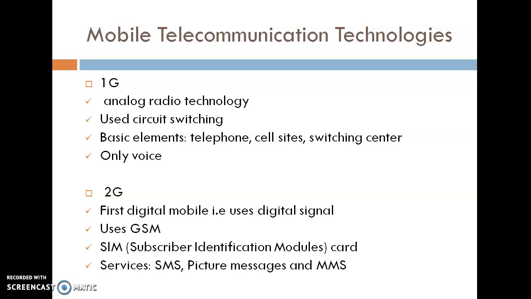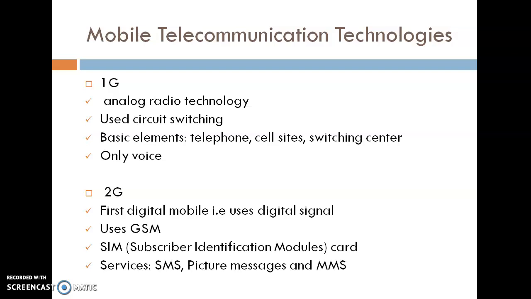Now the basic elements used in the first generation of mobile telecommunication were just a telephone, the cell sites, where exactly you'll be sending it, and the switching center, which is the telephone operator here. So this was your first generation.